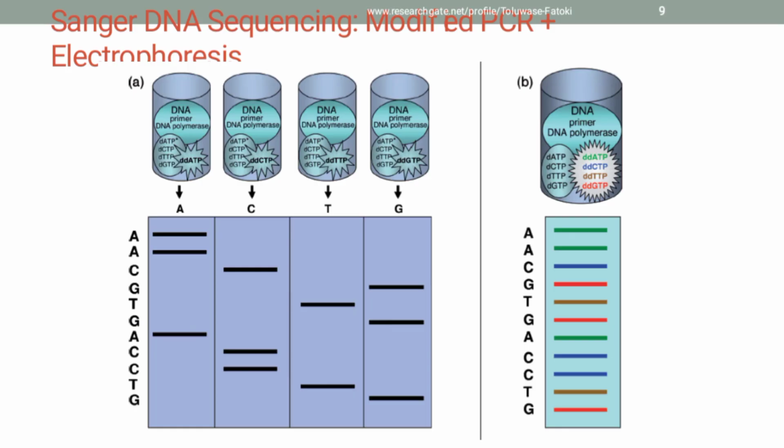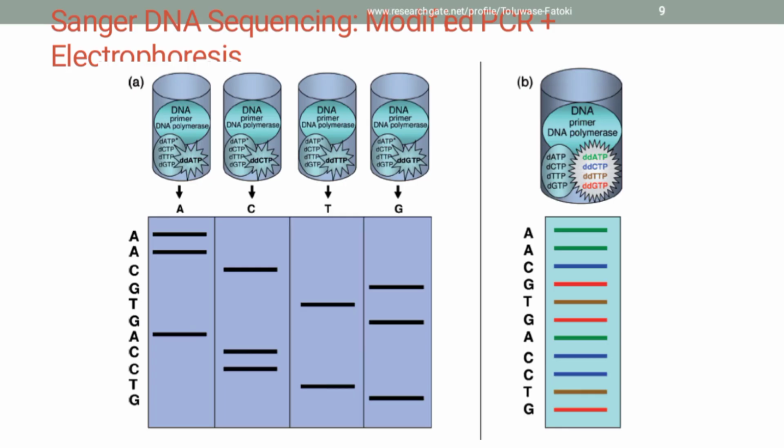That is, he inserted what we call dideoxynucleotide into each test tube, in addition to the normal materials necessary for PCR, which involve your normal nucleotides, that is ATP, CTP, TTP, and GTP, that is adenine, guanine, thymidine, cytidine.